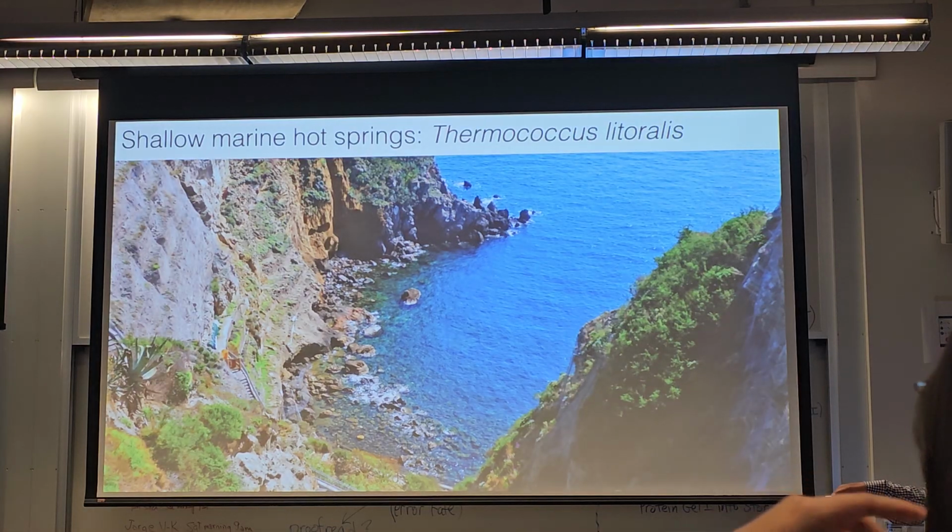So they scooped up some mud here, brought it back to the lab, and cultured this organism called Thermococcus litoralis. From this organism, they cloned the DNA polymerase called Vent DNA polymerase, and this was really the first proofreading PCR enzyme that was available. So it's really from this beach, from that organism, that the proofreading polymerases for PCR were born.